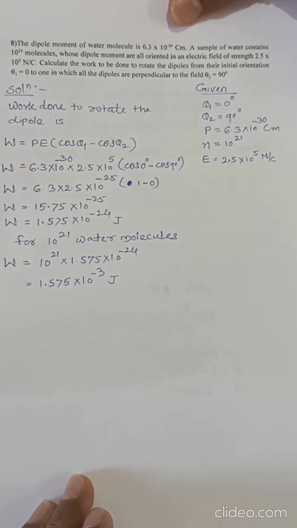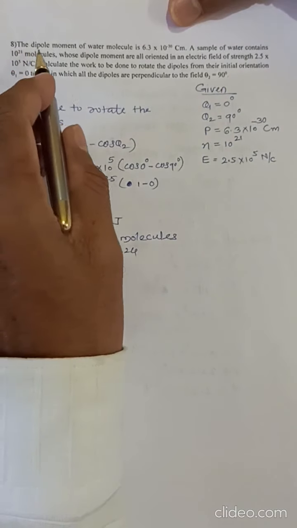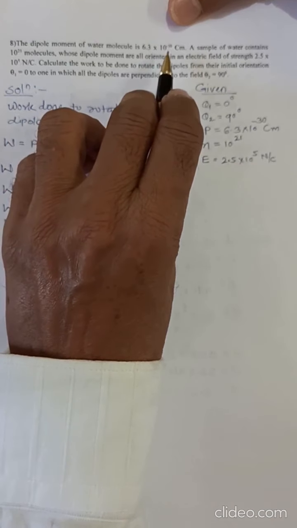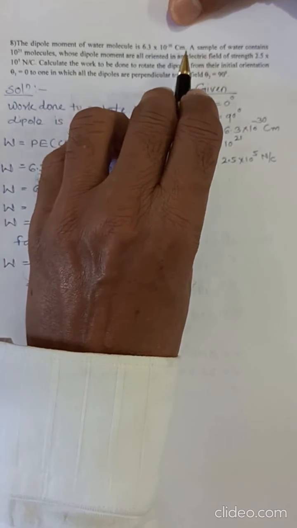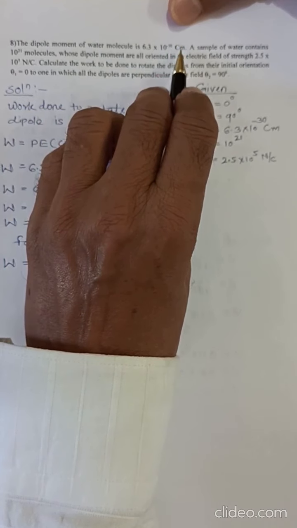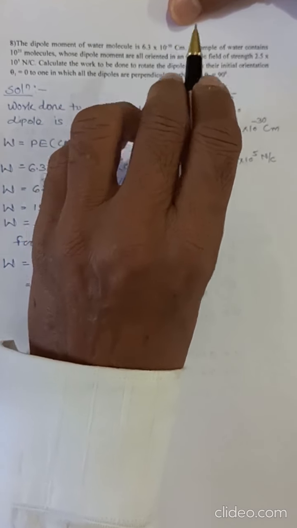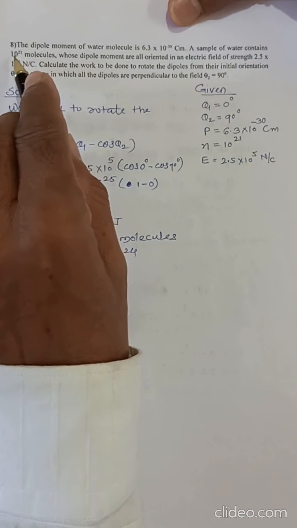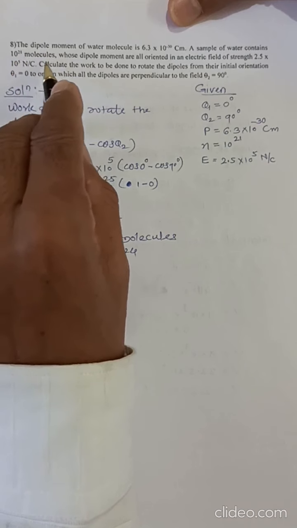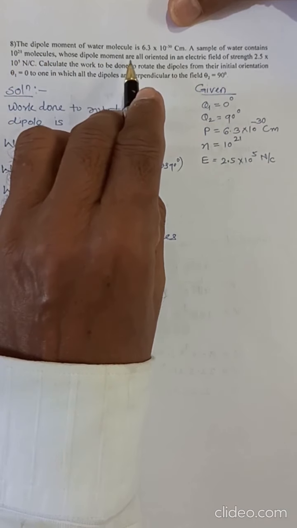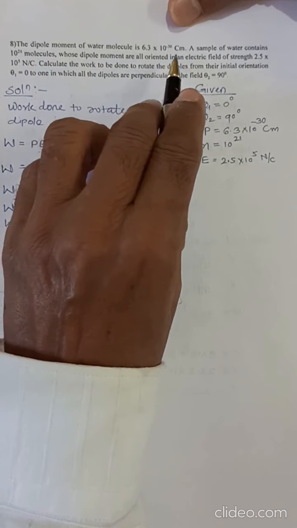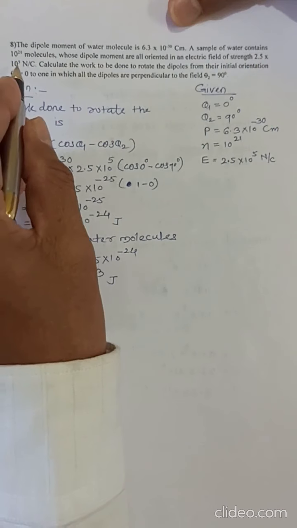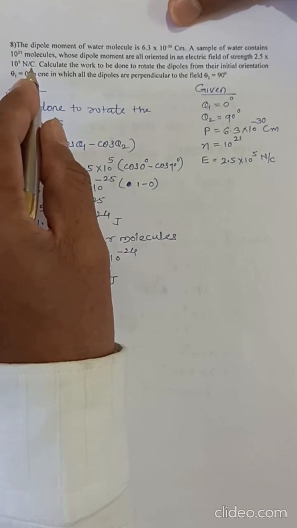Now the next numerical is: the dipole moment of a water molecule is 6.3 into 10 raised to minus 30 coulomb meter. Remember, this is dipole moment, so this is coulomb meter. A sample of water contains 10 raised to 21 molecules whose dipole moments are all oriented in an electric field of strength 2.5 into 10 raised to 5 Newton per coulomb.